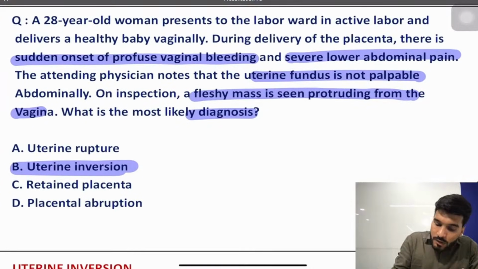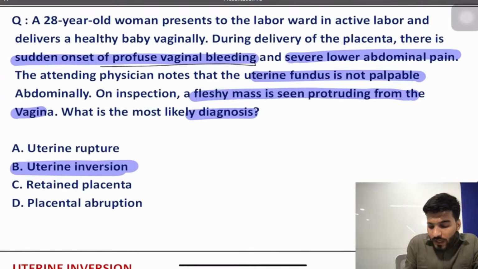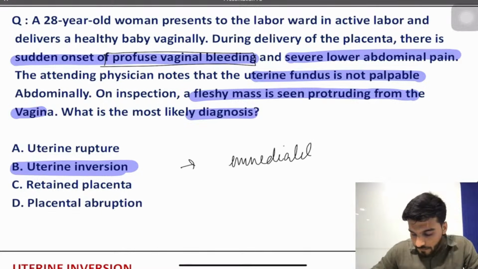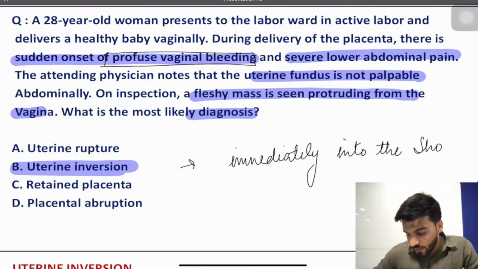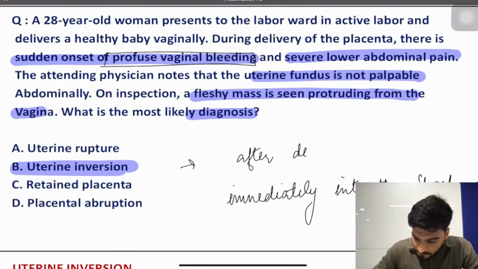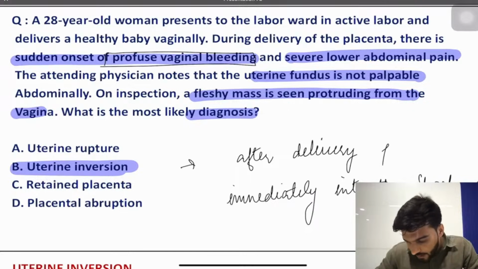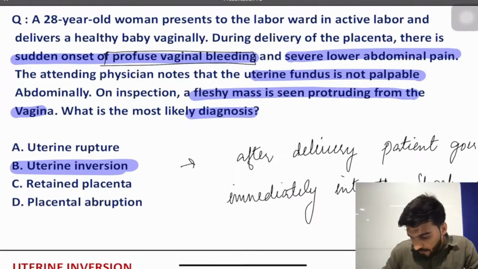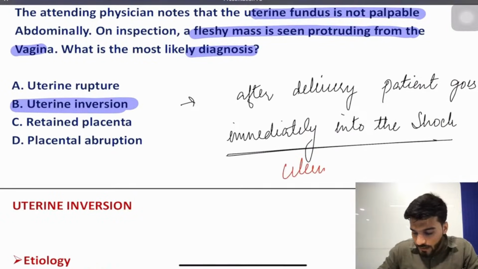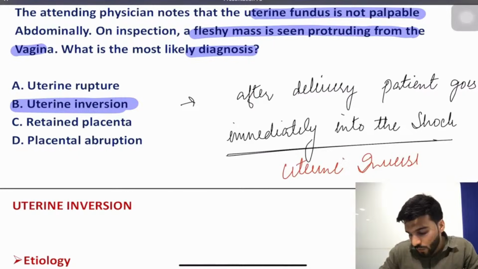Now you have seen it's already given there that there is profuse vaginal bleeding. So whenever a question mentions that after delivery the patient goes immediately into shock, you are suspecting this can be a case of uterine inversion.